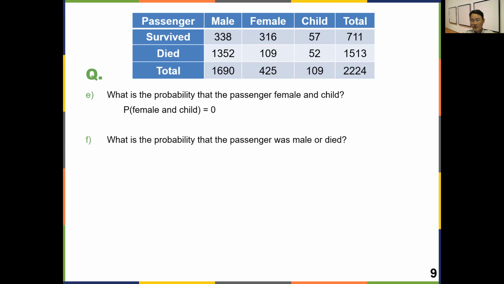Right, what's the probability the passenger is going to be male or died? Male or died, this is an "or" question. This "or" question is going to be probability of male plus probability to die minus probability of male and die. So again, let me give a little bit of time. Try this right now.